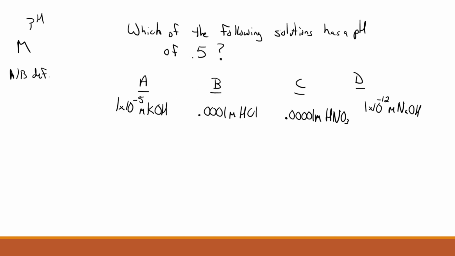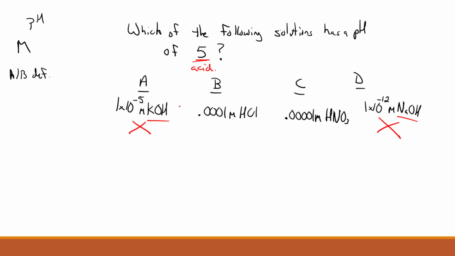First, if it's going to have a pH of 5, we can narrow down our choices because it has to be an acid. KOH is a base, so it's not going to be KOH. NaOH is a base, so it's not going to be NaOH. And then we're left with these two choices.